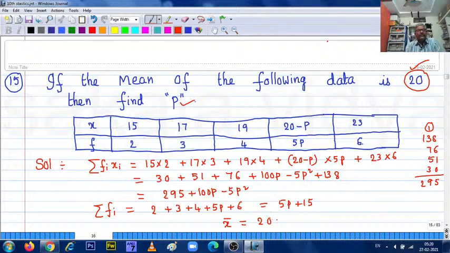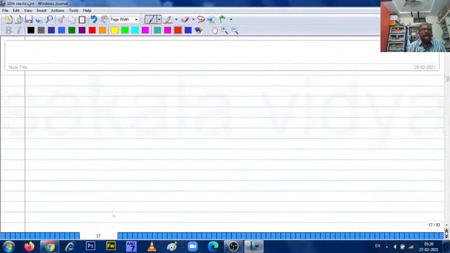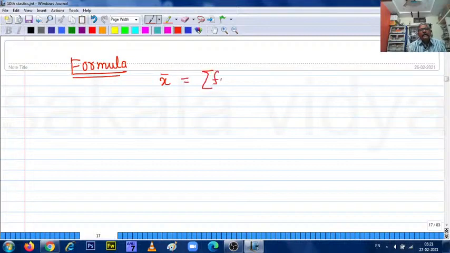So we know sigma fi xi, sigma fi and x bar. The formula is x bar equals sigma fi xi upon sigma fi.